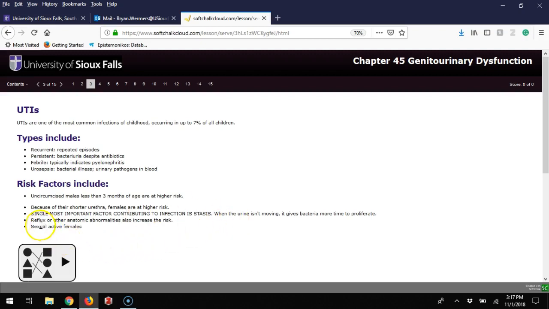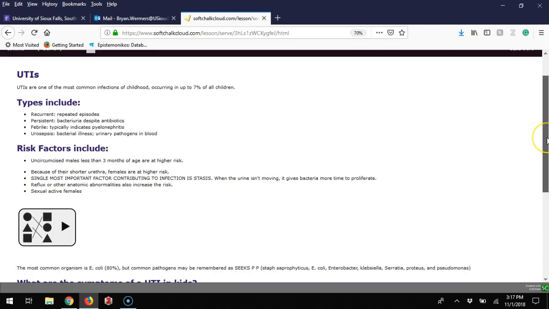Also, know about reflux. We'll talk about that here in a little bit. And then sexually active females. That's been theorized for a couple of different things, of course, because of the penetration, but also related to any foams or gels or accessories that are being used.